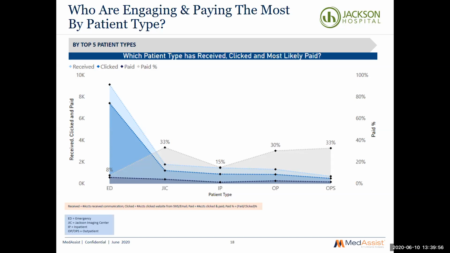And we need to ensure that at the point of service you're doing everything that you can. And we're using this data to help train and coach our on-site personnel to do the best that they can to collect copays and deductibles and collect point of service cash.